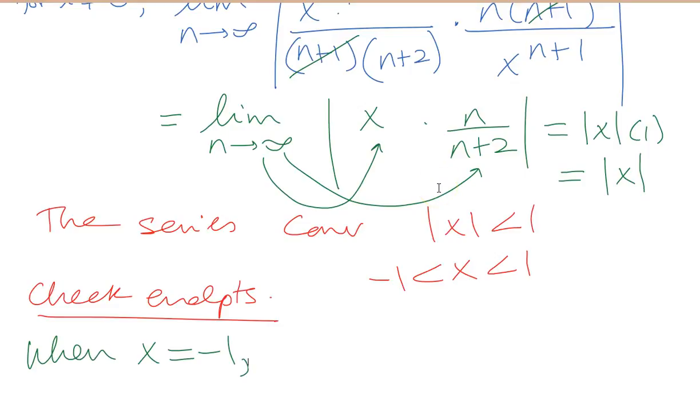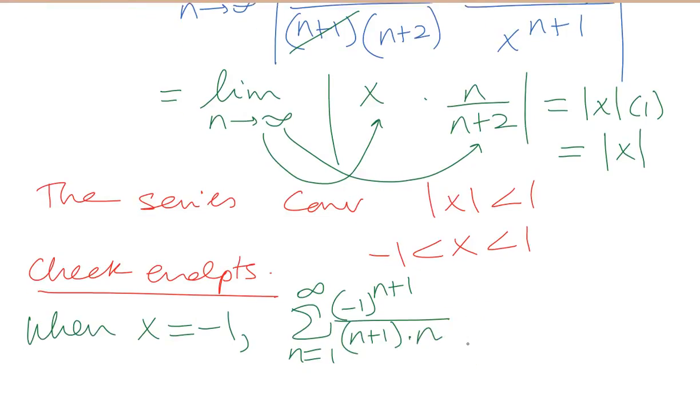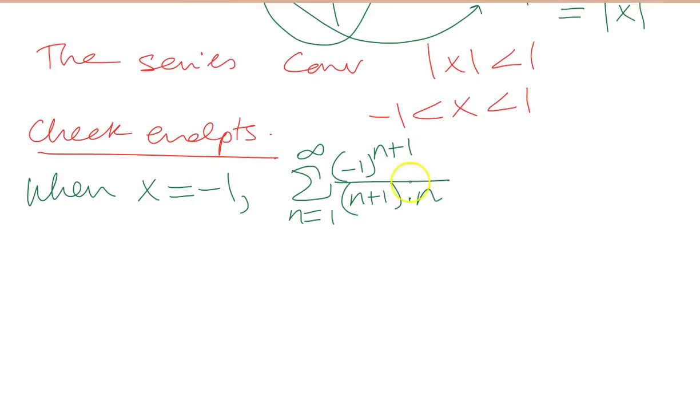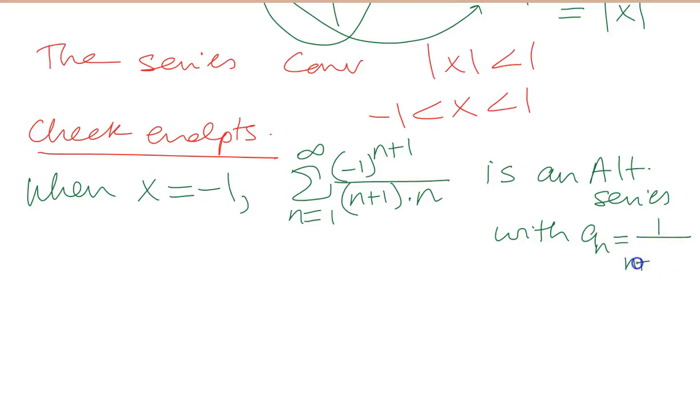Okay, when x is negative 1, you get sigma n equals 1 to infinity, negative 1 to the power n plus 1 over n plus 1 times n. Okay, guys, what can you say about this series? When x is negative 1, the series turns into an alternating series whose nth term is 1 over n plus 1 times n. Alright, so we are going to say do alternating series test on this.